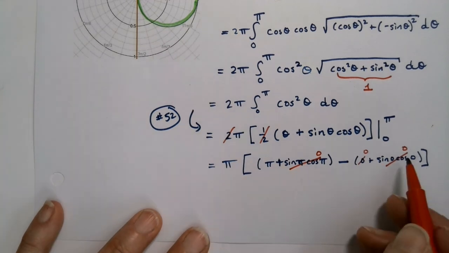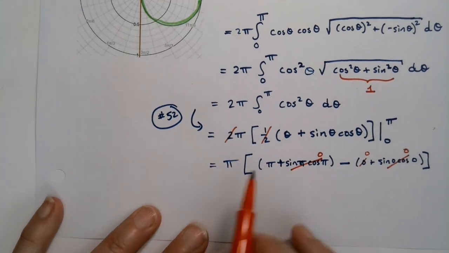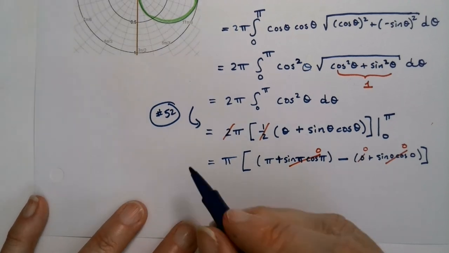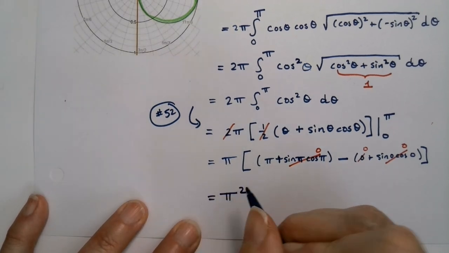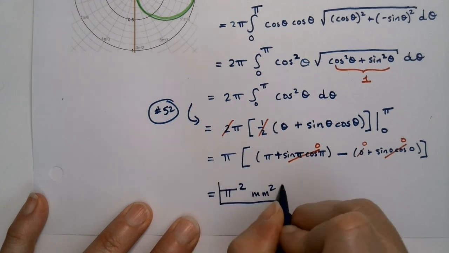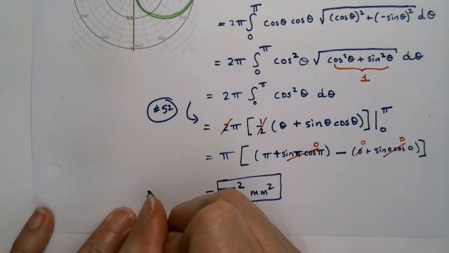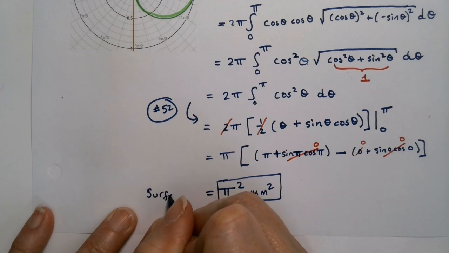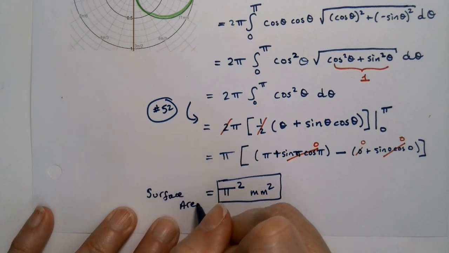So all of that is 0. That leaves me pi times pi, which is pi squared. And of course, it would have millimeters squared because we're finding surface area. Surface area is area, so it's squared.